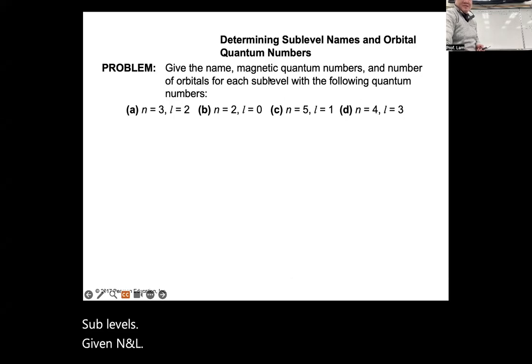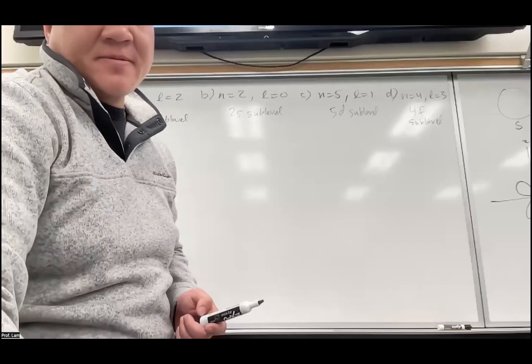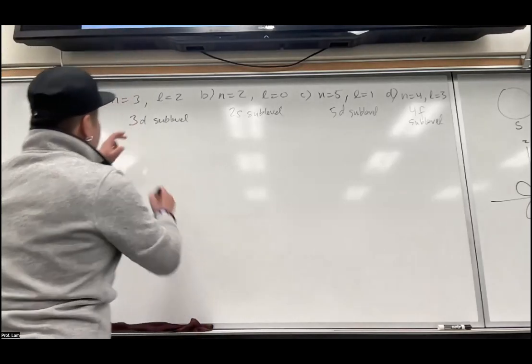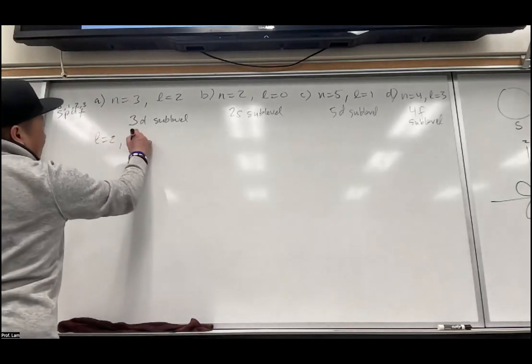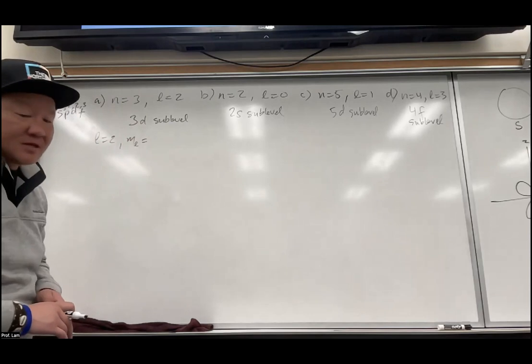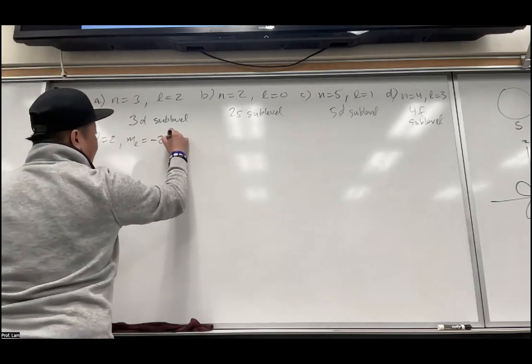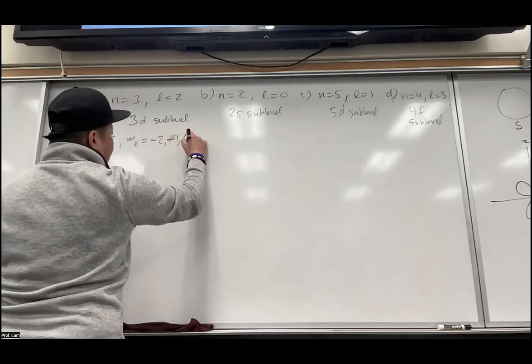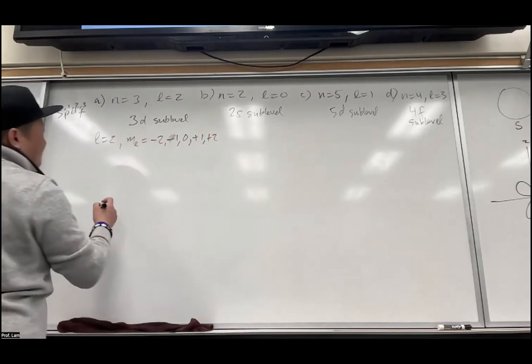And then it also wants us to give the magnetic quantum numbers and the number of orbitals for each level. So for the magnetic quantum number, when L is equal to 2, remember what ML can be? -2, -1, 0, +1, +2.